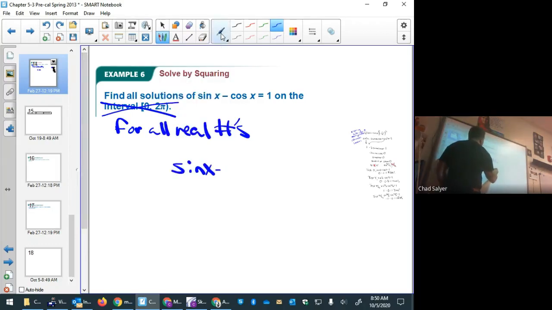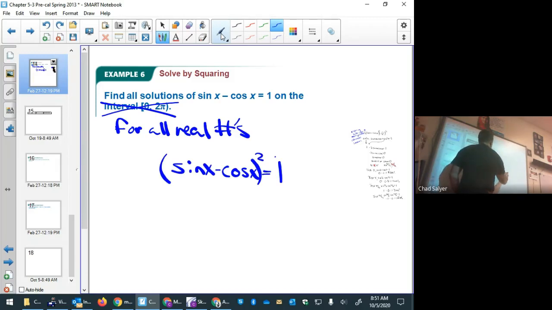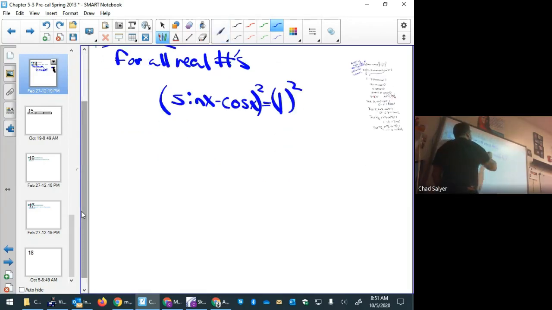So sine x minus cosine x equals 1. So if I square both sides, I'm going to get a minus b squared is a squared minus 2ab.